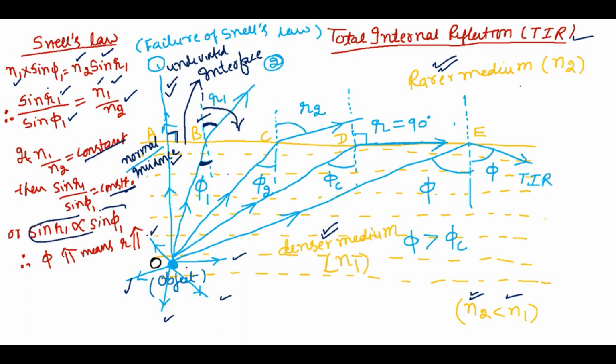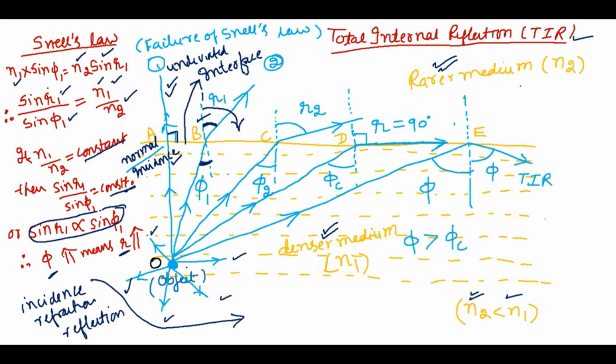The meaning of this is if I increase phi, that is the angle of incidence, then the value of r will always increase. I can draw this conclusion from the fact that the angle of incidence, angle of refraction, and angle of reflection, these three angles are always less than or equal to 90 degree.